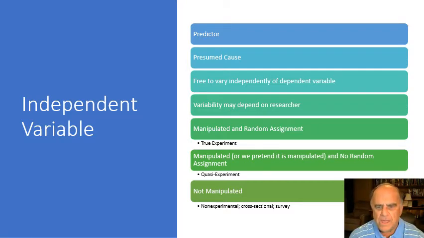If we manipulate the independent variable, or in some cases we pretend it's manipulated even though we didn't really manipulate it, but we do not have random assignment, then we have a quasi-experiment. Finally, if we don't manipulate the independent variable at all, we're just collecting data on it, then we have a non-experimental design, or a cross-sectional design, or a survey.